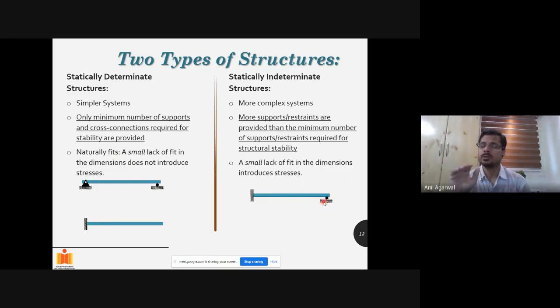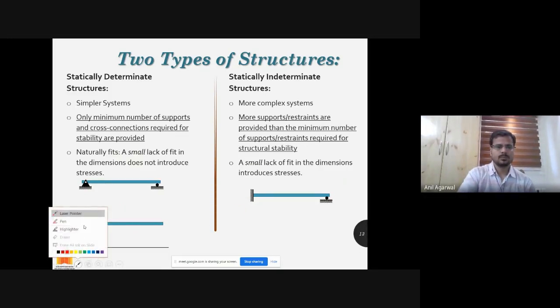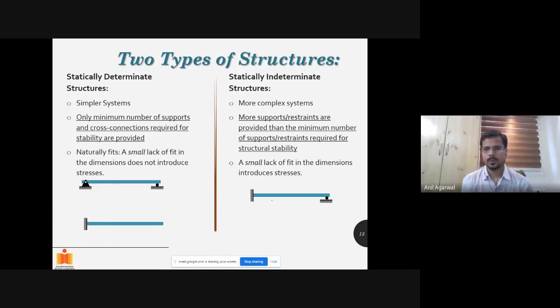But it is not universally true. In an indeterminate system, you may still find some kind of a constraint which you can release and the system will fly off. For example, this fixed boundary condition consists of three things. Basically, if I can just represent, it has these three constraints.